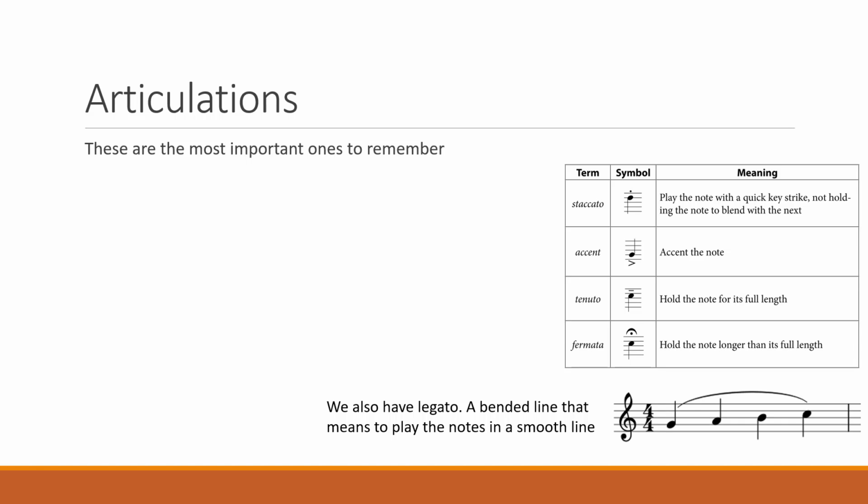And we have fermata, which is to hold the note longer than its full length, and that is usually as long as a composer intends, or can also be for your own interpretation, or if you are in an orchestra, you need to look at the conductor.